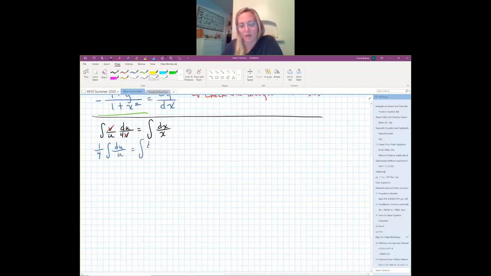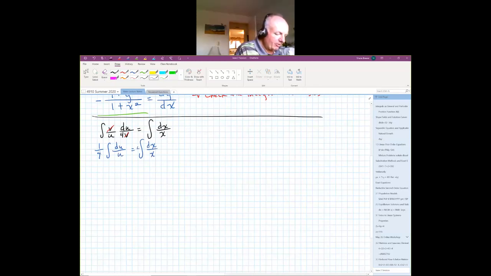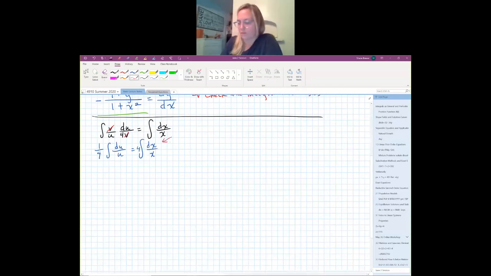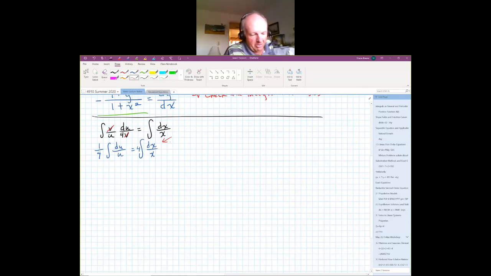So now the 1/4 can either stay there or it can move over here as a 4, right? The reason we might do that is because we prefer to muddy up the waters on the independent variable x, rather than on the things that we do on the u. So I would move that over as a 4.